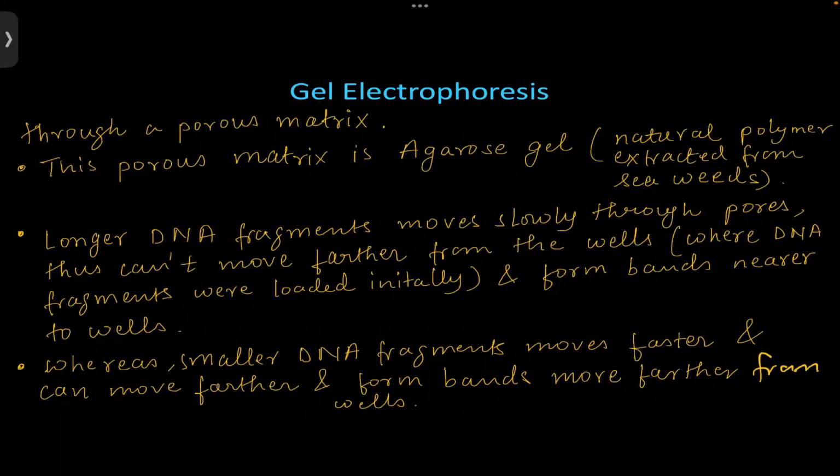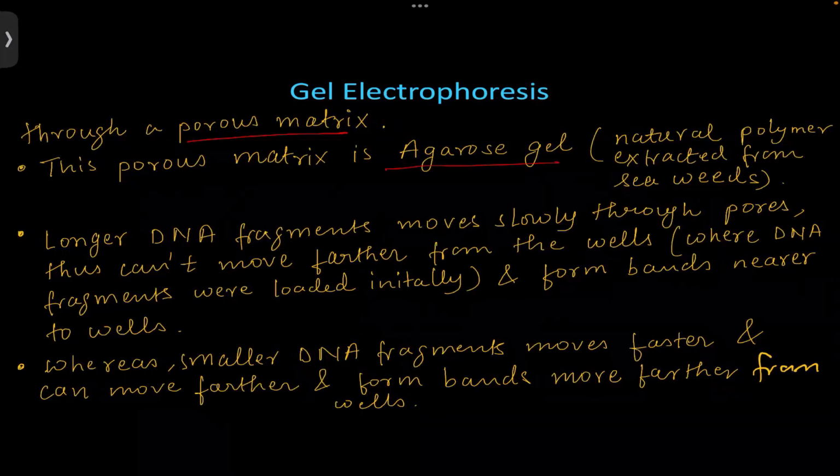People use a porous matrix, and this porous matrix is an agarose gel. It is basically a polymer that is extracted from seaweeds. So this creates a gel matrix, a thick block of gel, and this gel will have pores of various sizes.